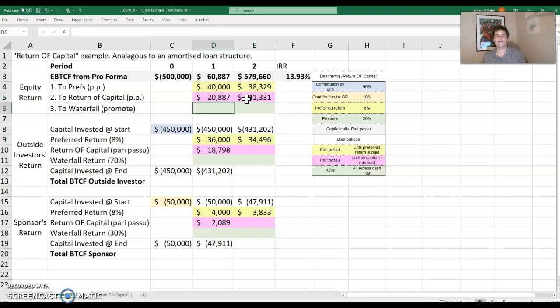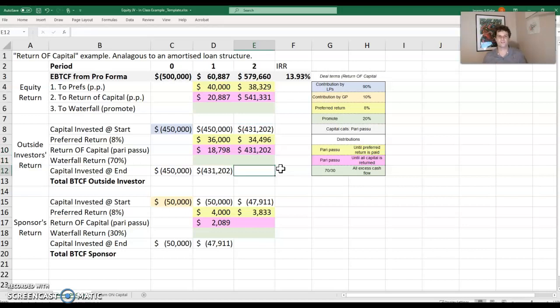We now have $541,000 left to distribute. Now, if I was to distribute that much like I did before, notice that we would be distributing more money to the outside investors than they had invested. So in this case, we're actually able to complete our return of capital on the investors.